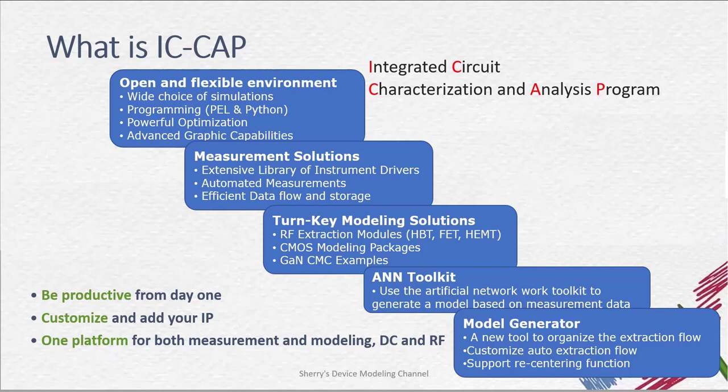Overall, it's a very productive software, and you can do lots of customizations. With this one platform, you can do measurement and modeling both for DC and RF, and you can also use the latest ANN toolkit and the model generator.